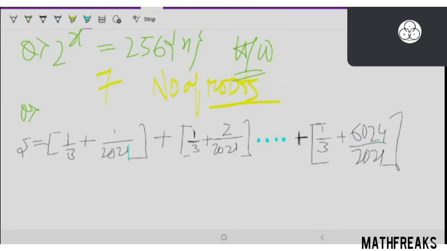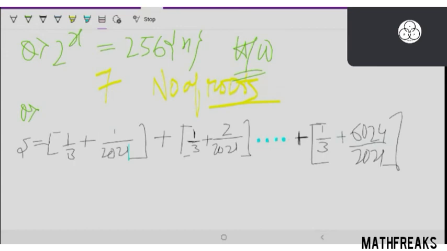You need to find the value of this s. Actually, this is also a brilliant question. My handwriting is really poor. I cannot do anything for this. It's extremely poor. Even when I am writing in the copy, it's really that kind of poor handwriting.